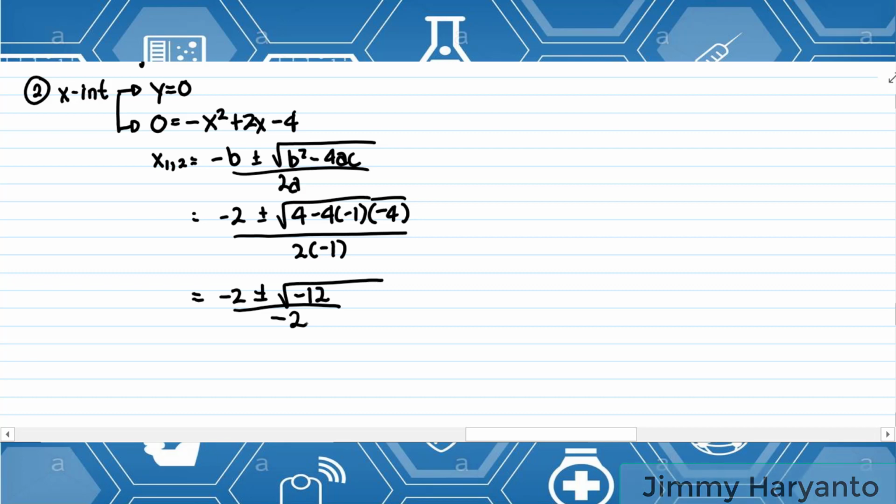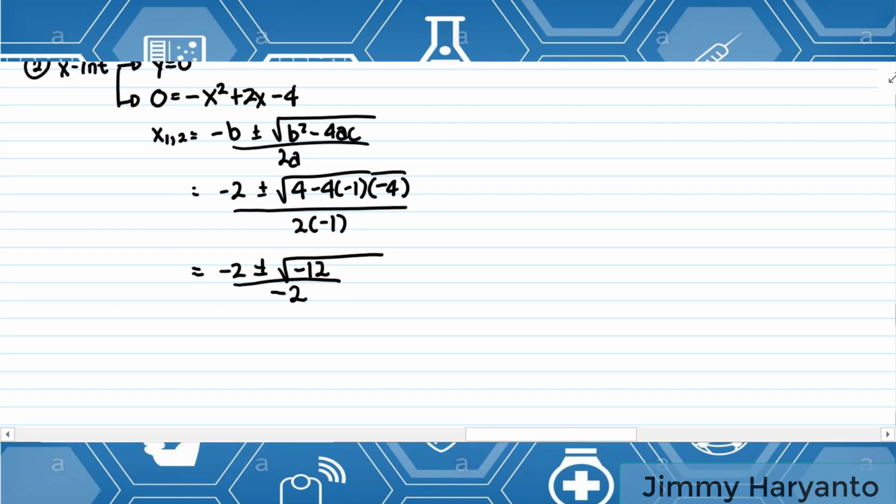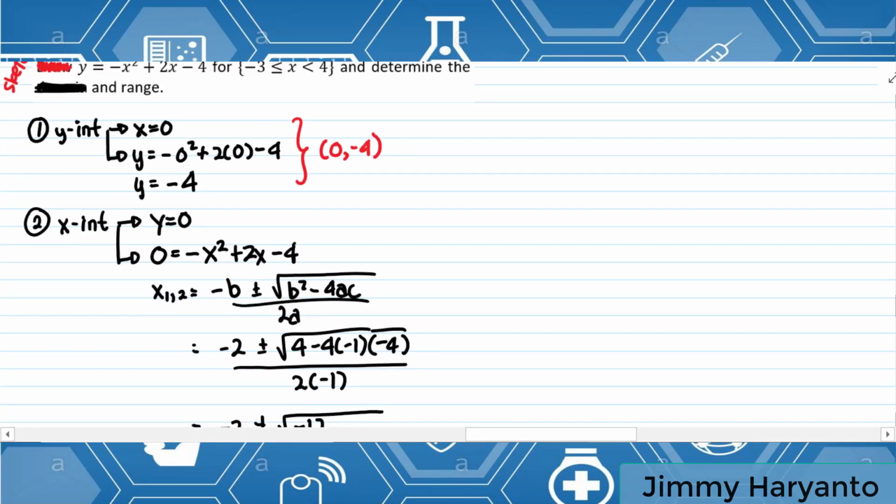As you can see, we cannot calculate the square root of negative 12 because a square root needs to be positive, so we cannot find the x-intercept. If we cannot find the x-intercept, it means there is no x-intercept.